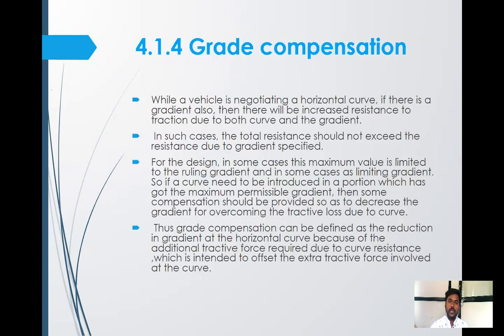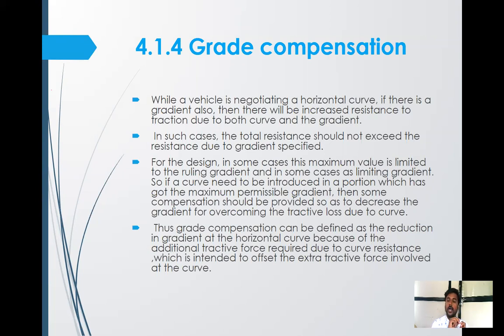So the next term is grade compensation. This is very important, as I have told you just now. Suppose a condition arises where we have to provide a gradient and there is also a horizontal curve. This is a very difficult or critical situation, if there is a grade as well as a horizontal curve. This will increase the vehicle operating cost of that particular vehicle. Also, it requires too much power to haul the material.